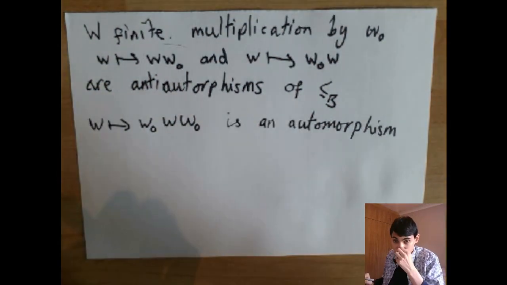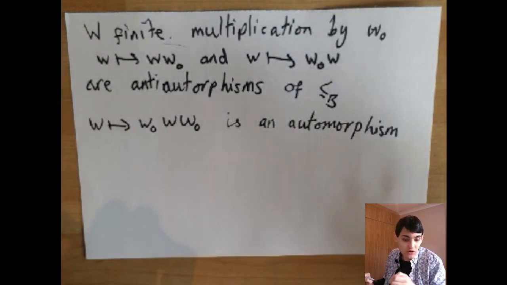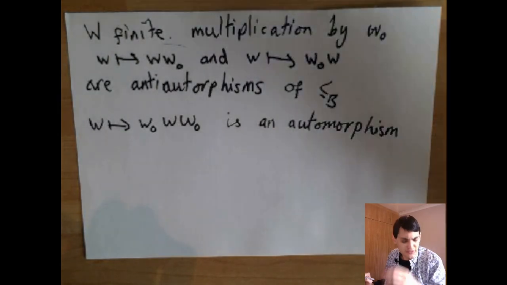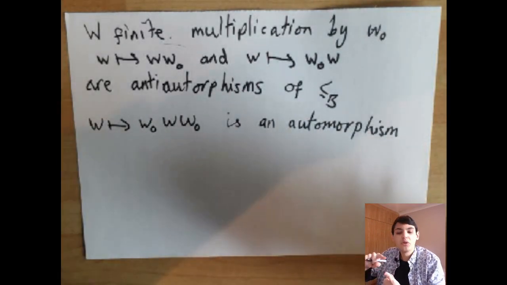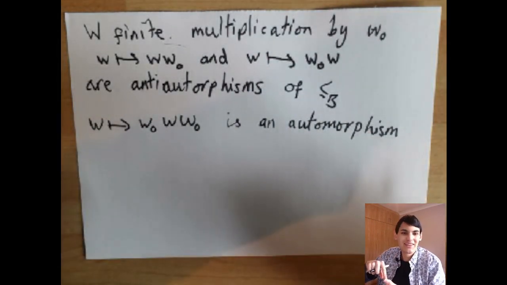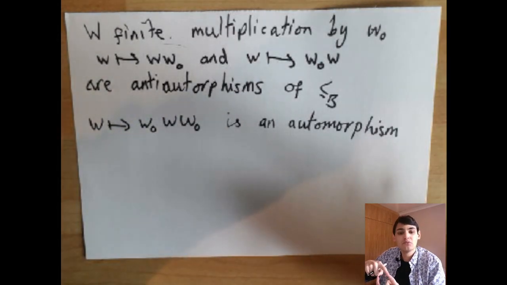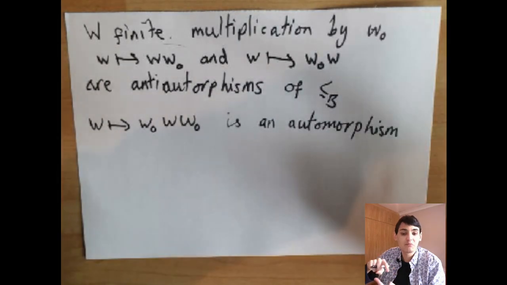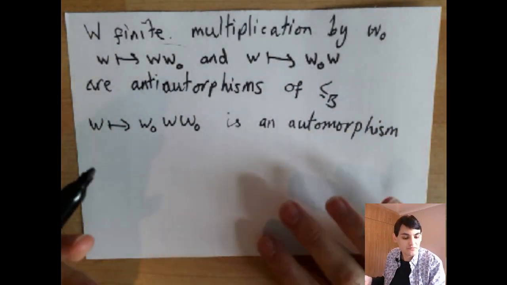So that's two anti-automorphisms and then two normal automorphisms. We've got the inverse map and maximal element conjugation. Those are our automorphisms. What else is there?